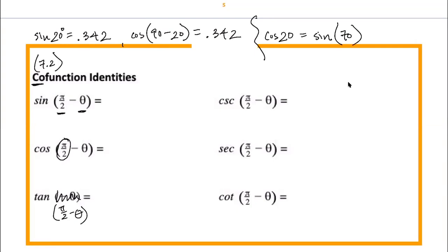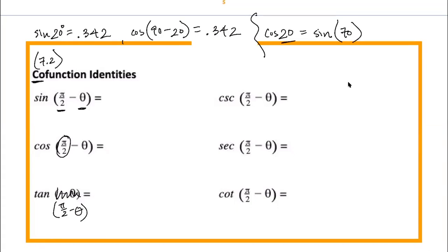Okay, so another thing to think about when they say cofunctions, you can also think about complementary angles, angles that add up to 90 degrees. If your two angles equal 90 degrees when you add them, then the sine of one of them will equal the cosine of the other one, cofunctions.